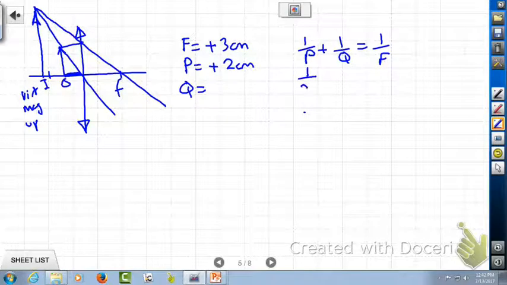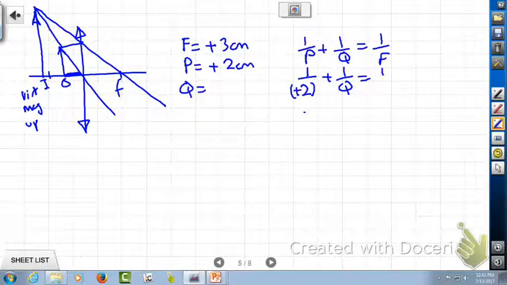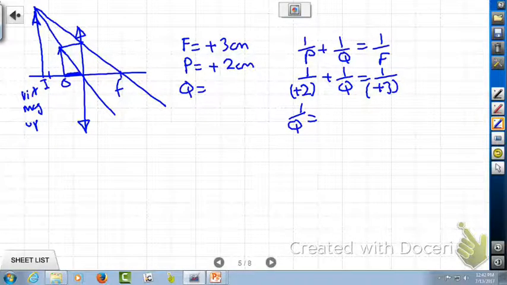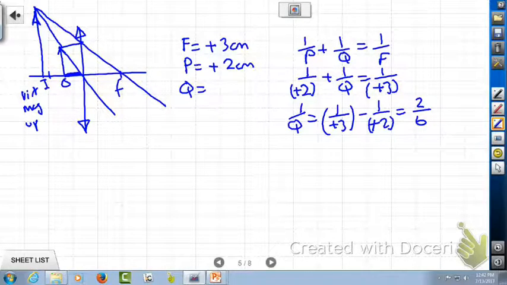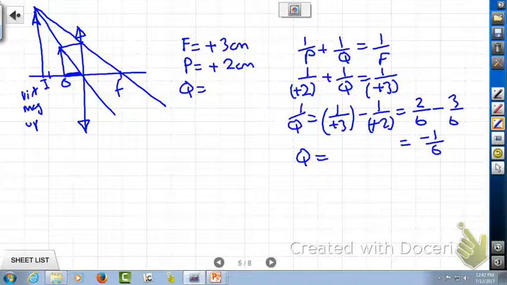So 1 over plus 2 added to 1 over q equals 1 over plus 3. So 1 over q is equal to 1 over plus 3 minus 1 over plus 2, which equals 2 over 6 minus 3 over 6, which equals minus 1 over 6. So q is equal to minus 6 centimeters.